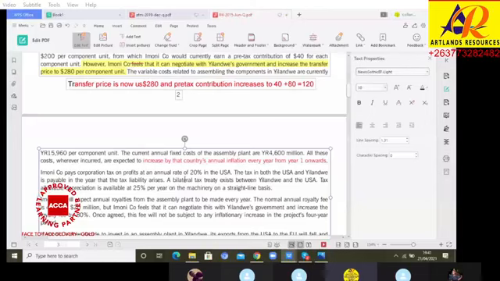So the royalty becomes 20 million dollars plus 80%, which equals 36 million.